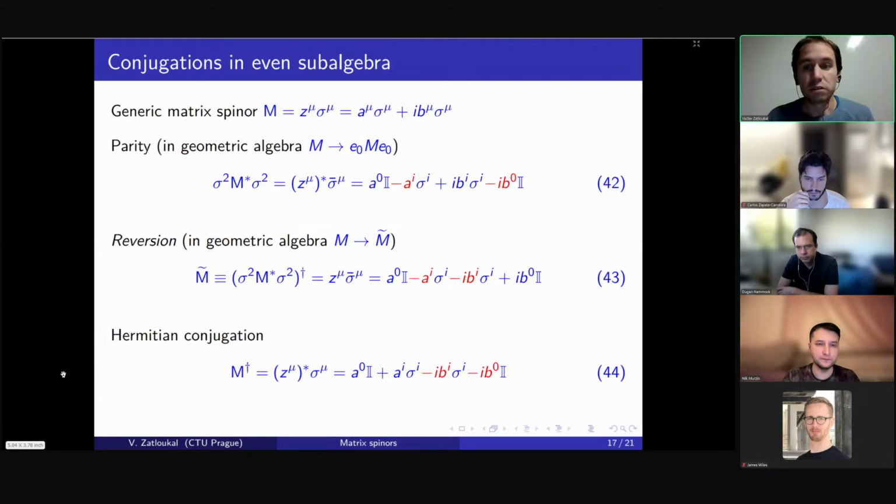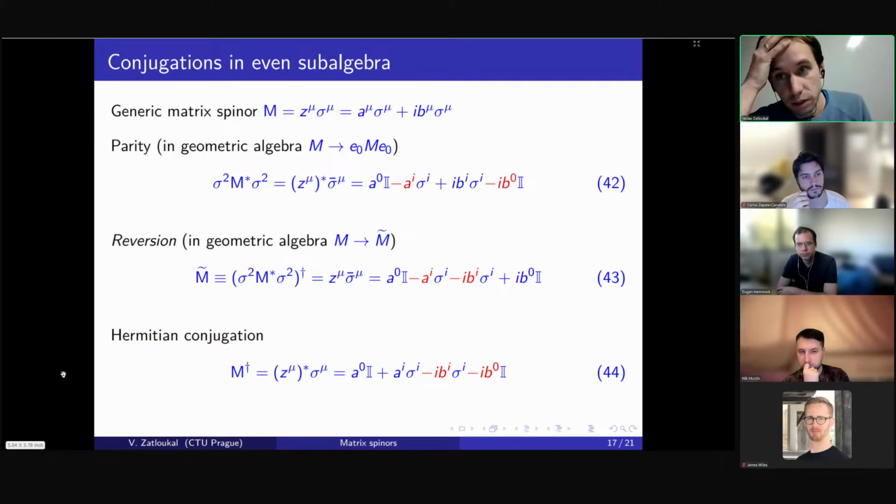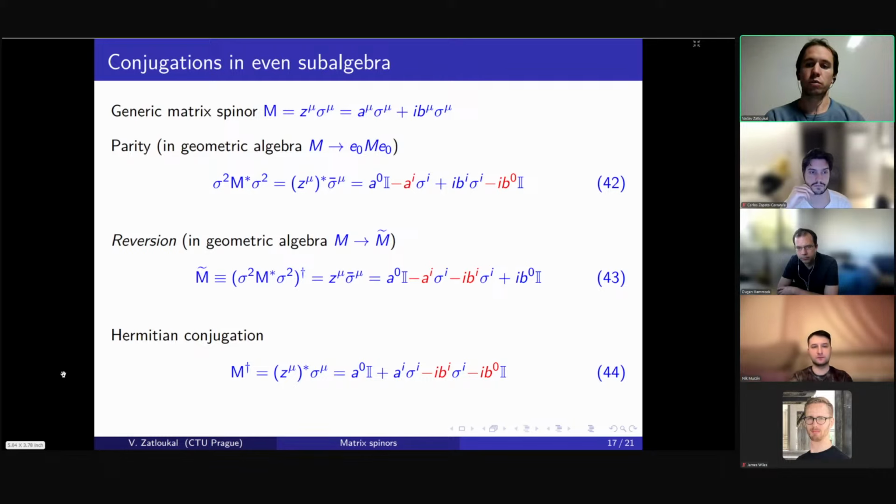But we still have a couple more slides, so some more observations for a generic matrix spinor. We can write it as a linear combination of sigma mu with complex coefficients. So this is a generic 2x2 matrix. And now in geometric algebra, with any even element, we can make this conjugation by the time-like vector and stay in the even subalgebra.